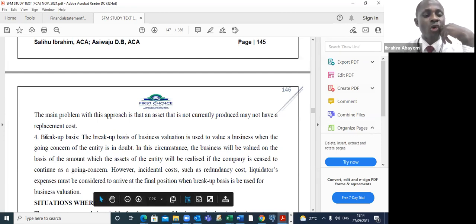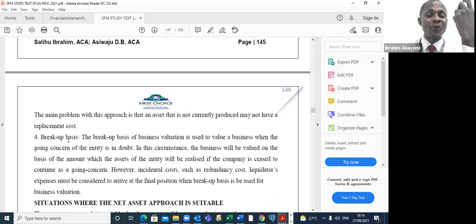Then we have break-up basis. The break-up basis is appropriate for a company that is going into extinction. A company that is to be liquidated is better valued using the break-up basis, meaning that we are looking at the amount we can realize from the asset, but not under normal condition, it is under liquidation.